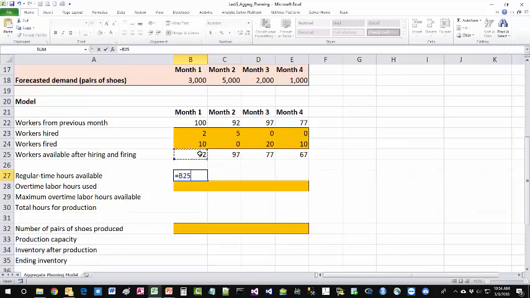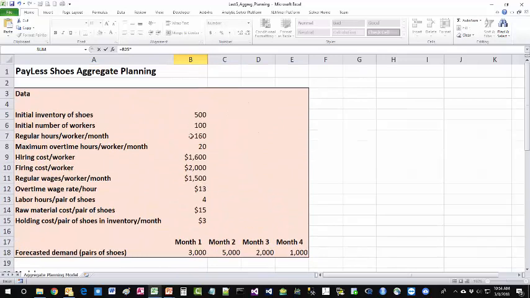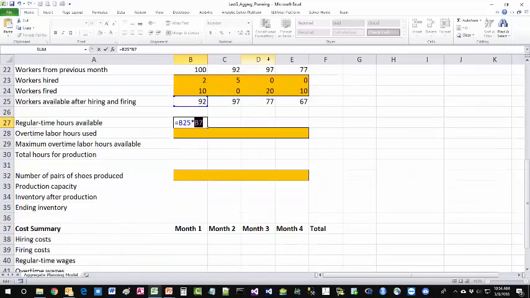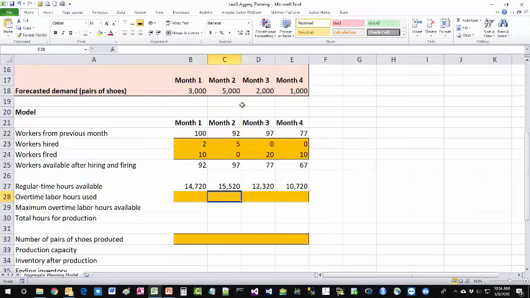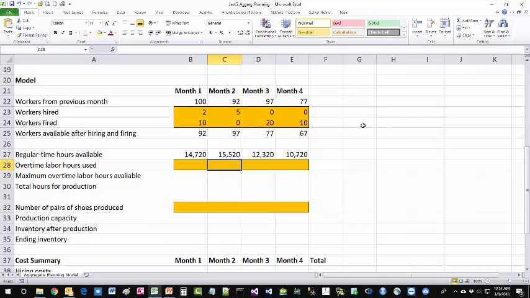So essentially the number of workers times the regular hours per worker per month available, fixed up here, and then copied over to the right. Okay, so then we'll make up a couple of OT hours, presumably in month 2, the one with the highest demand. So I don't know, let's say 20, and then have zeros for the rest.